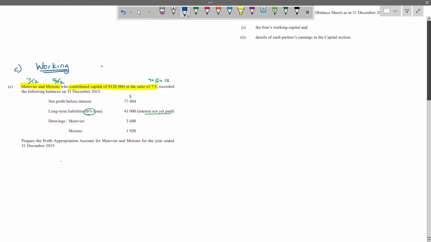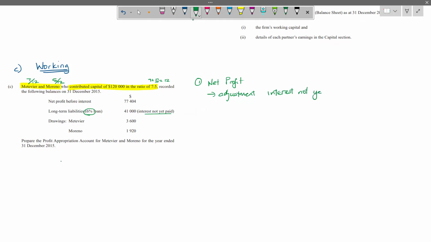Now, what are the items that we will need to include inside of our appropriation account? So appropriation account would have a net profit. Start from the top. Now, there's an adjustment to be made to the net profit, which has to do with the interest not yet paid.